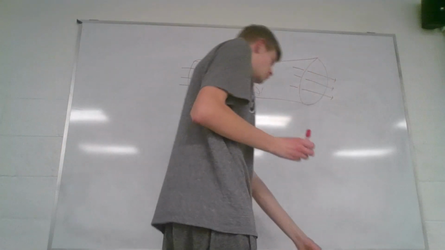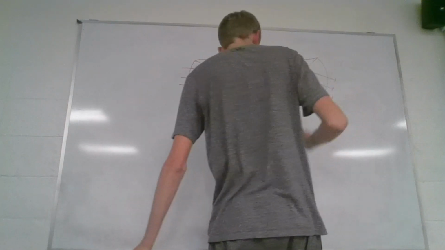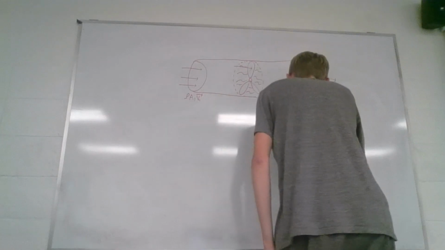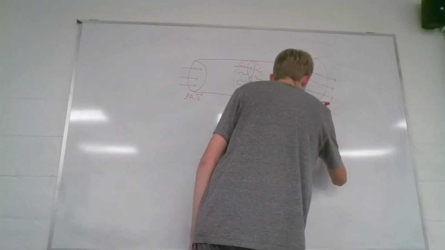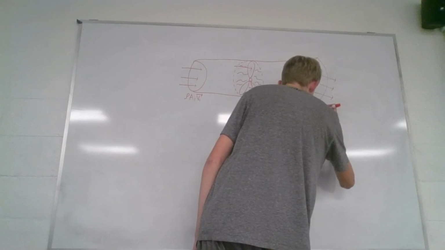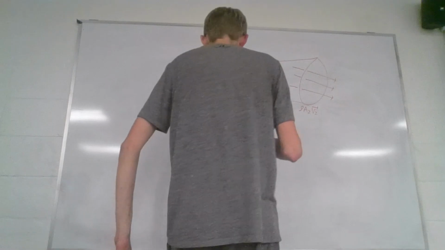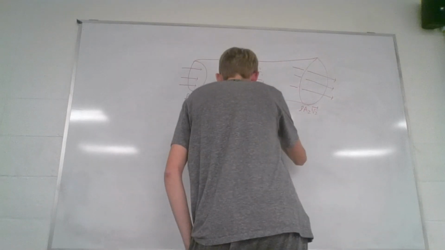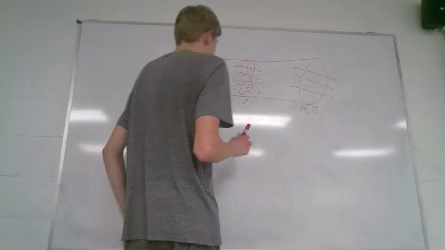And then over here, we have a density, area 2, a velocity 2, or an outlet velocity. And then here, we're also going to say that we have a density, but we need a surface area here.